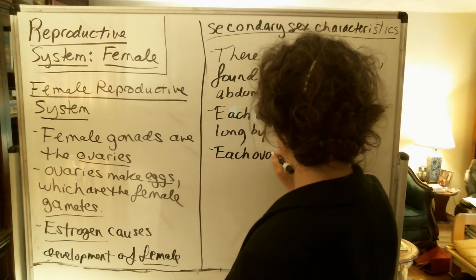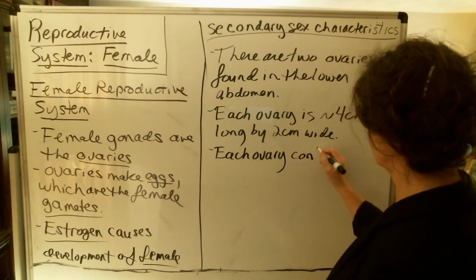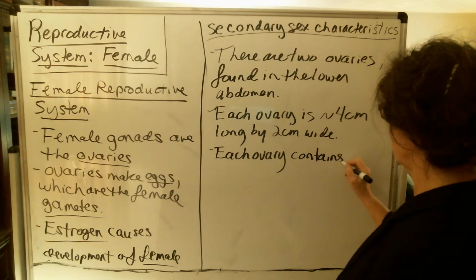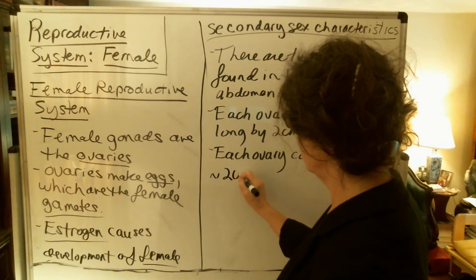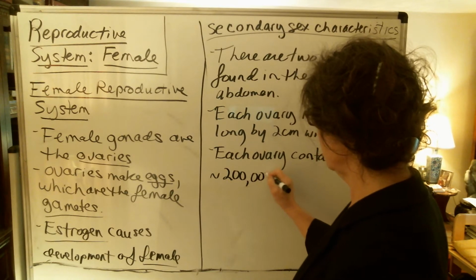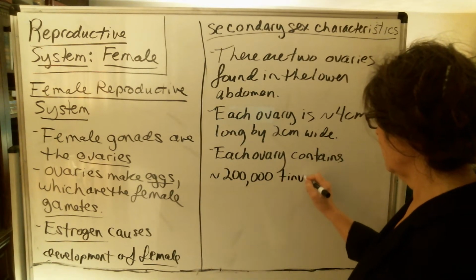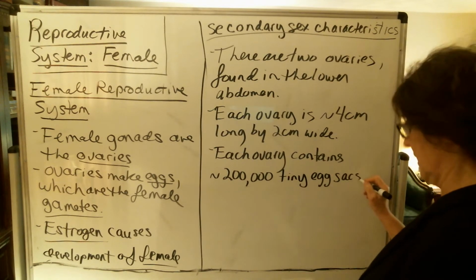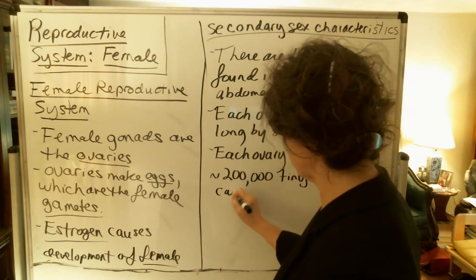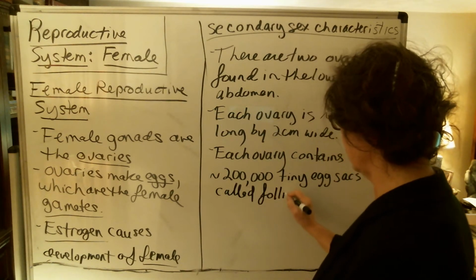And each ovary contains approximately 200,000 tiny egg sacs called follicles.